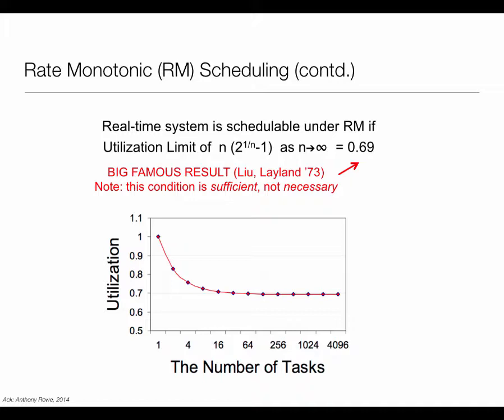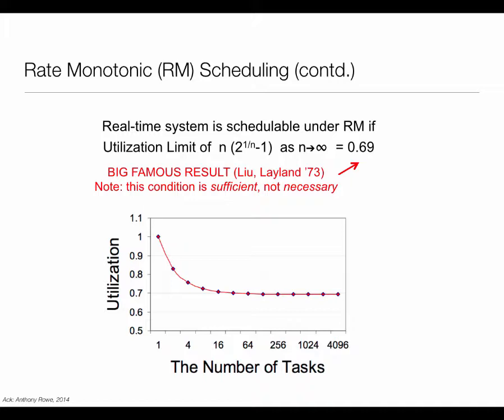It can still be schedulable, because this condition is sufficient but not necessary. In fact, there may be tasks all the way up to utilization equal to 1 that may be schedulable. It's just that this particular rule is not detecting it. They may still be RM schedulable. They may still be schedulable with some other static priority assignment also. It's just that this rule is not powerful enough to catch it.